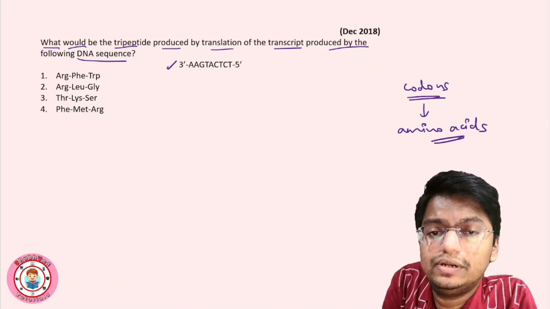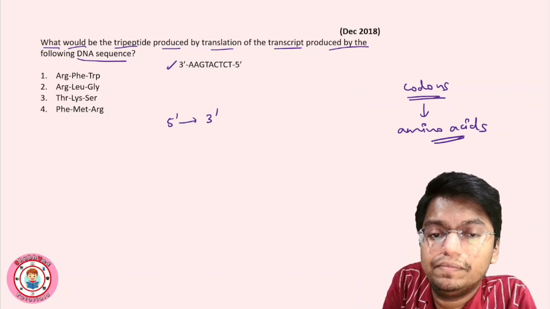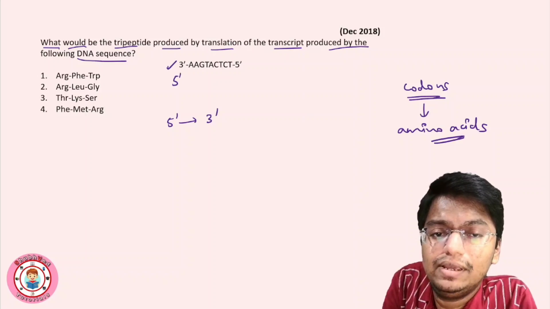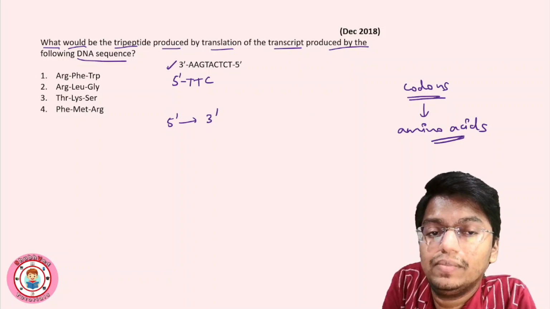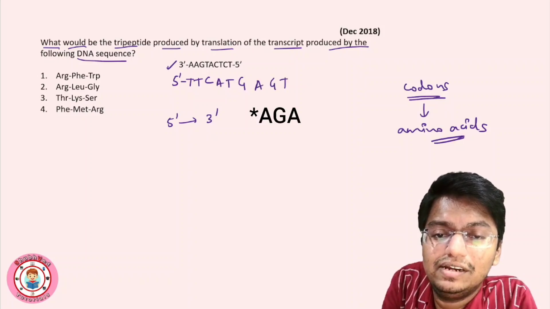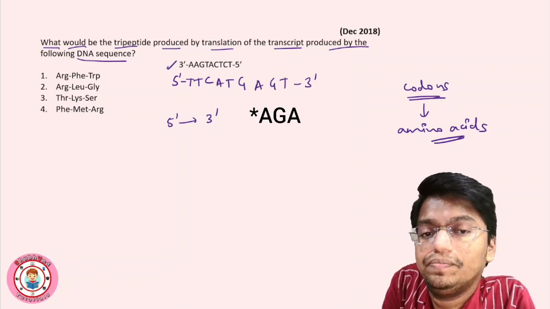We know that translation is 5' to 3', so we have to convert it. Okay, so 5' will be T T C, right? Then A T G A G T. Okay, got it?